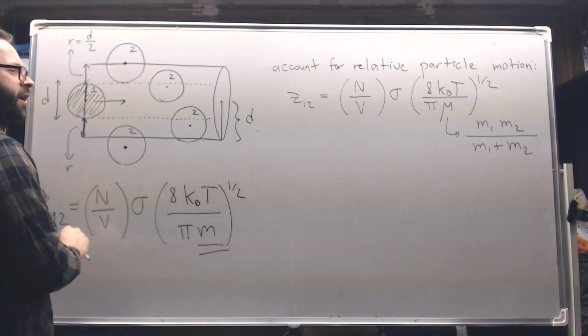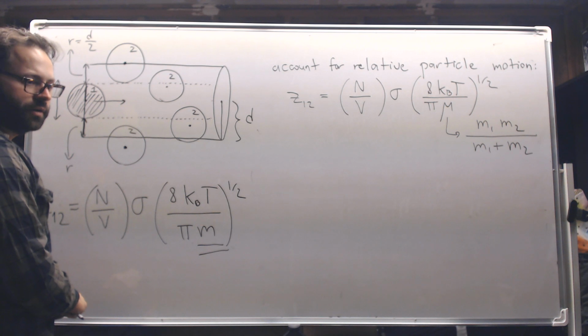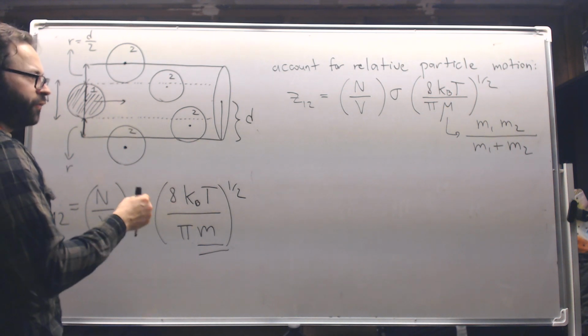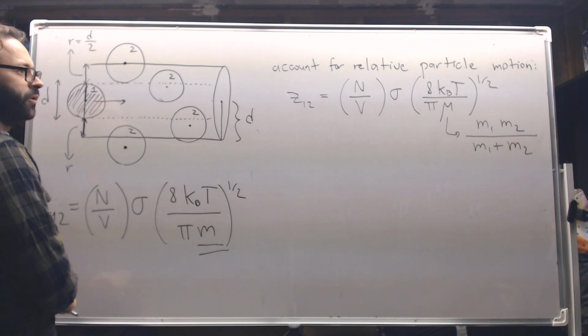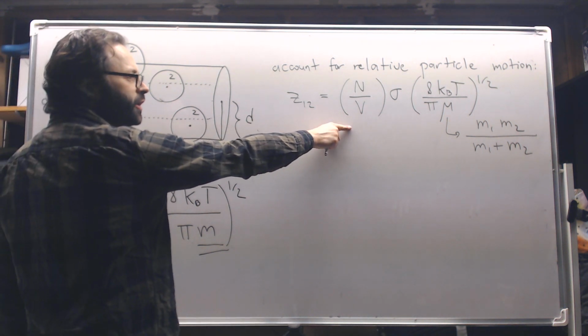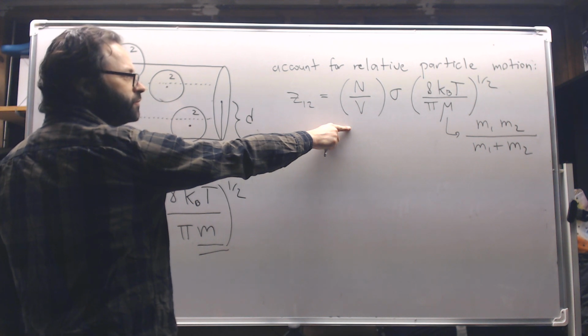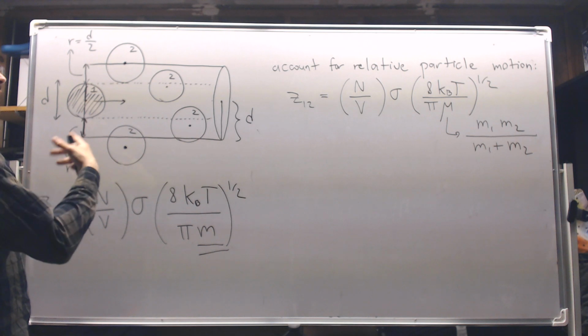We could have chosen any other particle. And so the total rate of collisions should be accounted for by asking how many collisions, roughly speaking, each particle is going to undergo. Each particle is going to have this kind of a collision rate. How many particles are there of this kind? There are n of them.